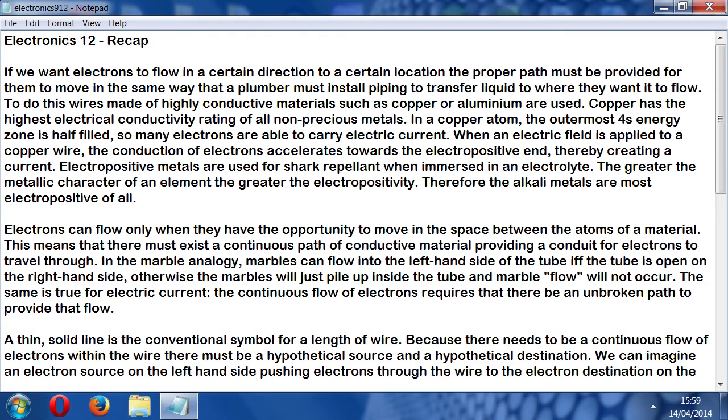But electropositive has got small sections, that's apparently only used for shark repellent when immersed in an electrolyte. It said seawater, and I was thinking maybe seawater is the same as dirty water, because I did actually talk about that, I think, much earlier on, in Electronics 5 now, when I was talking about conductors, dirty water, and pure water.